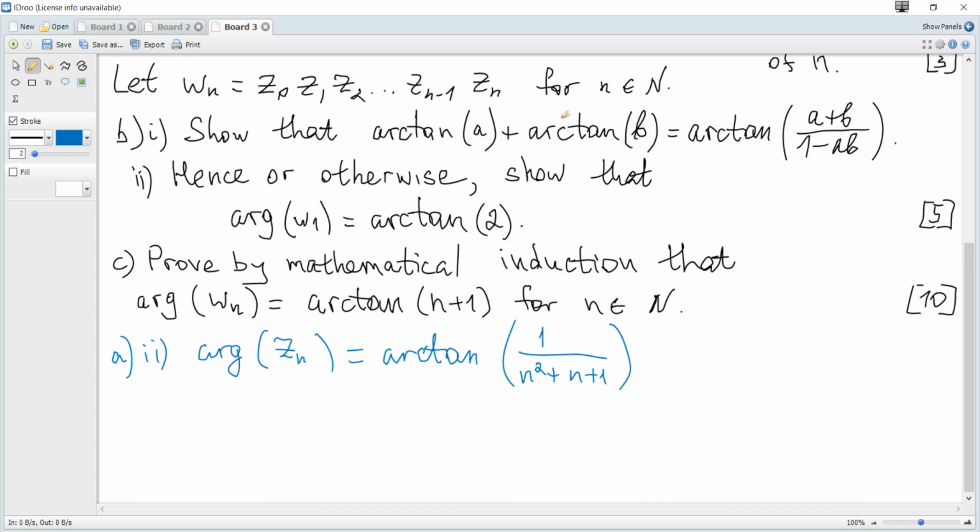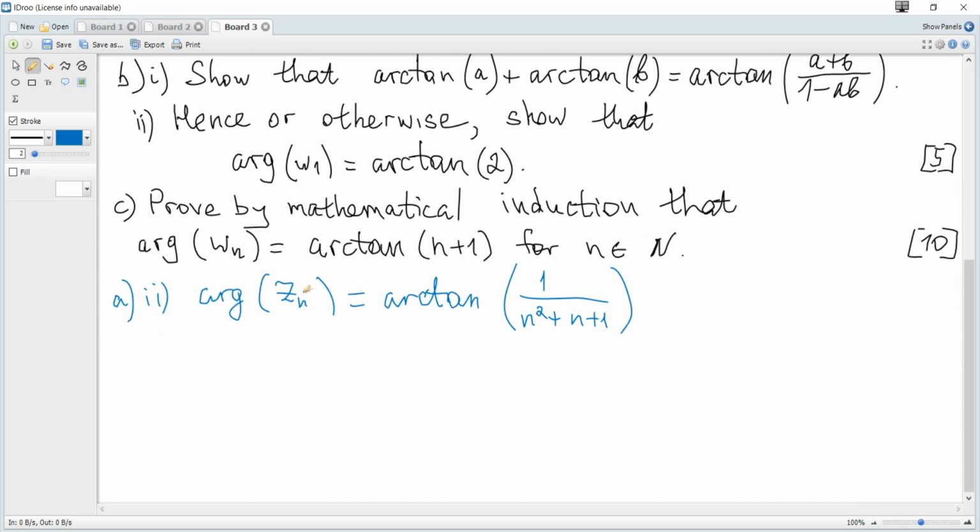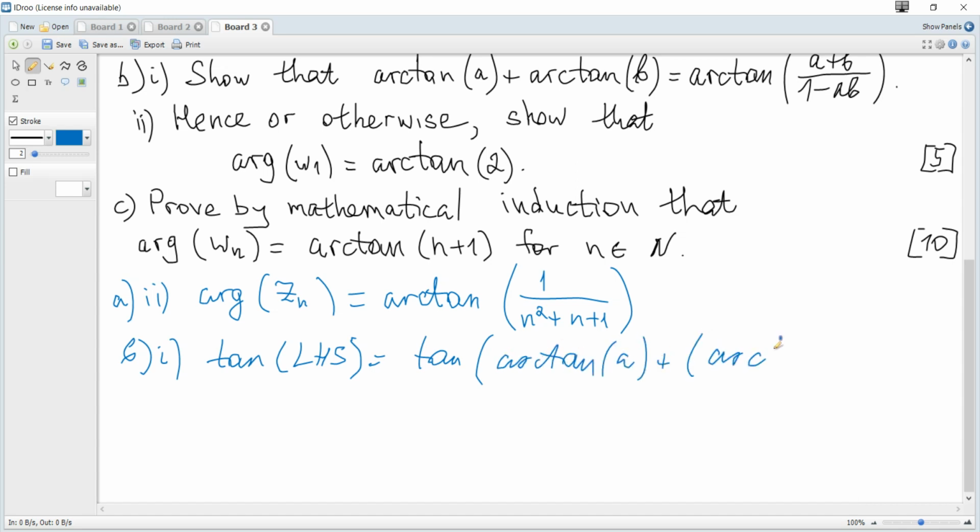To simplify it, we use a formula from the data booklet, and we should consider the tangent of the left hand side, which is tangent of the sum arctangent of a plus arctangent of b.